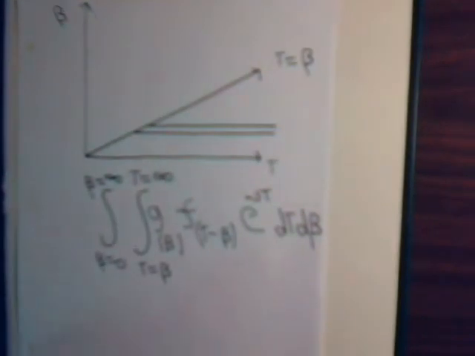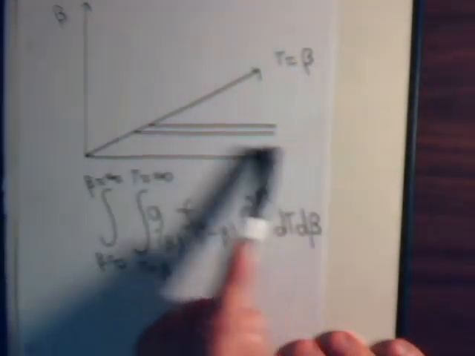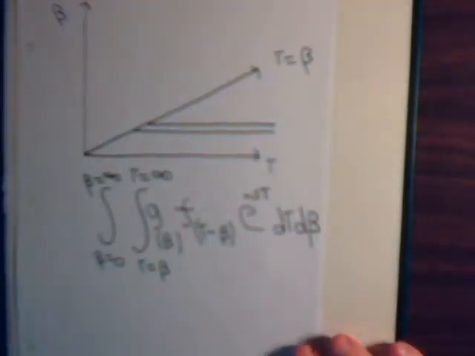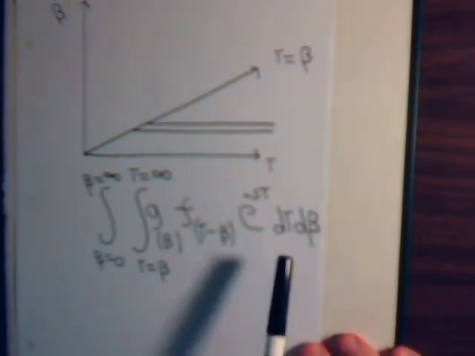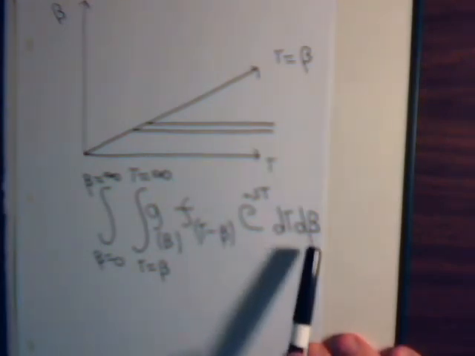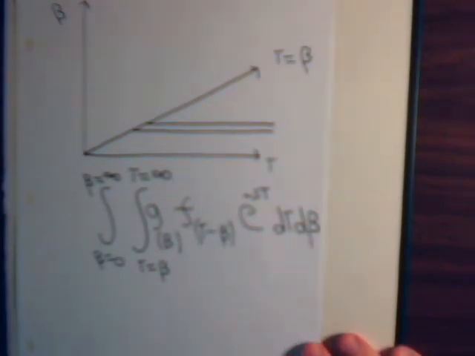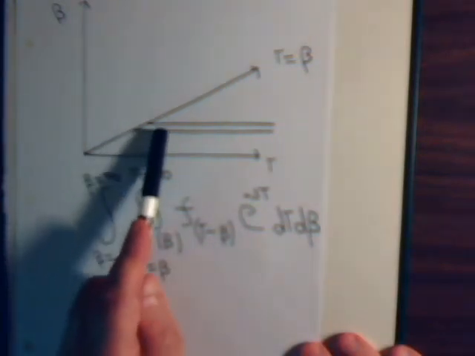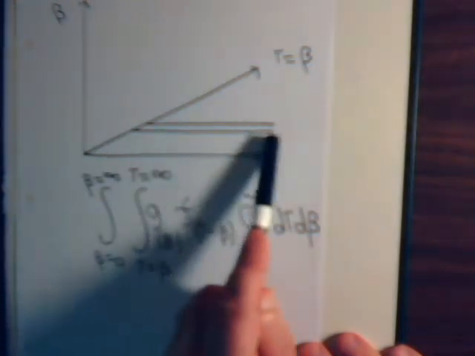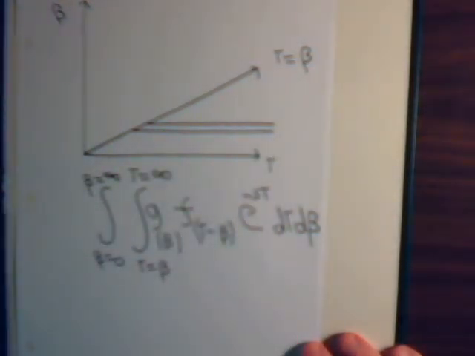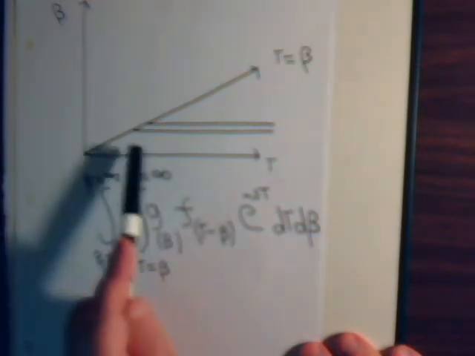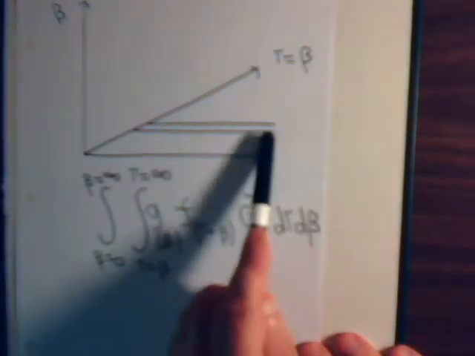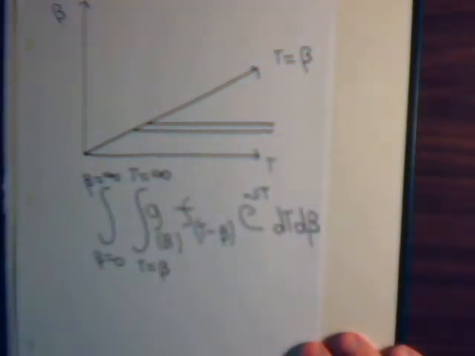Now, we drew this as a horizontal strip because the way we have this set up, this is dt d beta. So we are summing rectangles here in the t direction, starting where? Right where t equals beta, and we keep going all the way on out to where t equals infinity.